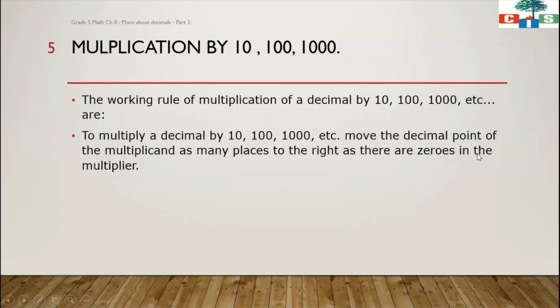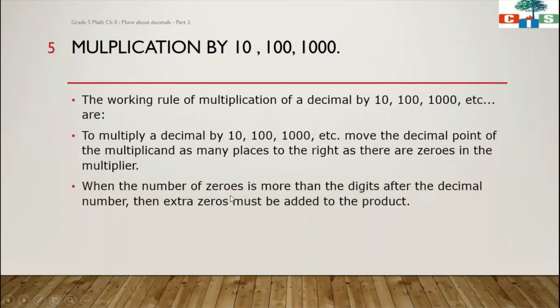Keep this statement in your mind. Now when the number of zeros is more than the digits after the decimal point, what do we have to do? It's very easy. We have to put extra zeros at the end of the product.